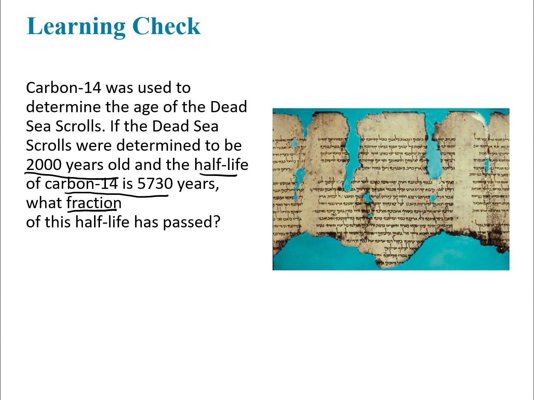What we're told in the problem is that one half-life is equal to 5,730 years. That's an equality. From an equality, we can always write conversion factors.